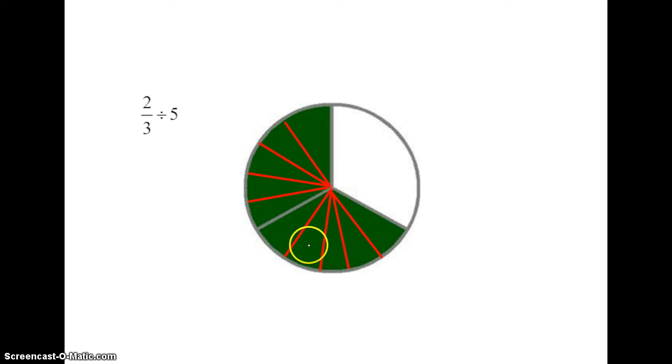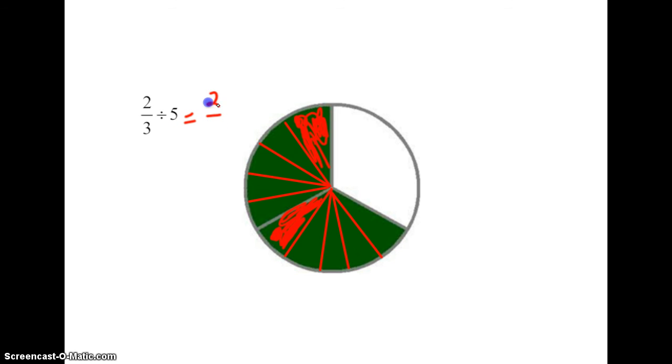Okay, so now we have 2/3 and we divided it by 5. So one of these sections would be colored in from the 2/3, and another section from the second 2/3 would be colored in.